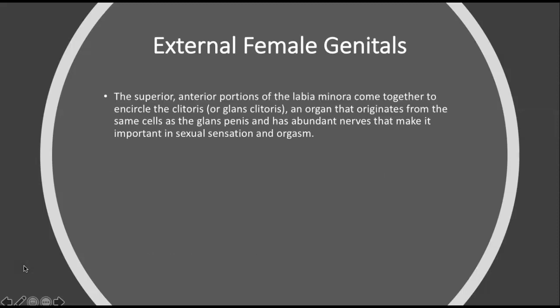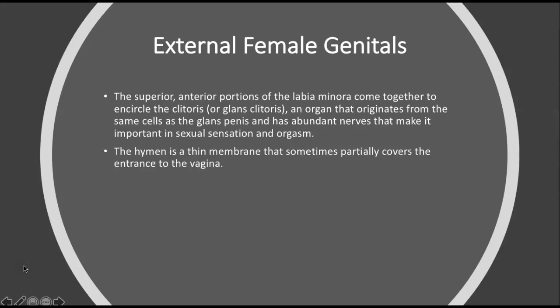The superior and anterior portions of the labia minora come together to encircle the clitoris, or glans clitoris. If you remember, the glans penis was an organ that originates from some cells, and these are the same cells that make the glans clitoris. And just like the glans penis, it has an abundant set of nerves, which makes it important in sexual sensation and orgasm.